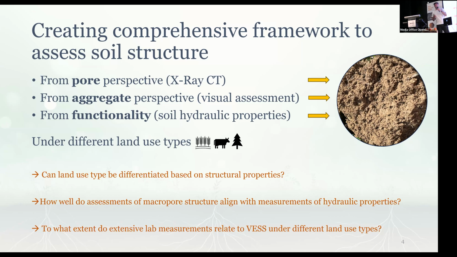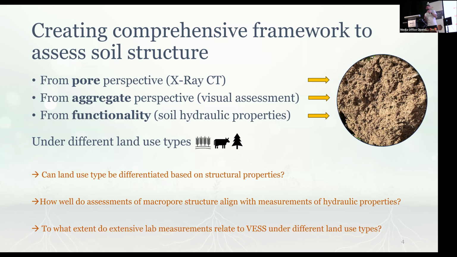We want to do this not just on arable land, but also on grassland and forest soils, because it reflects a wide range of soils as well. And we hope that we can see differences between the land use types already.